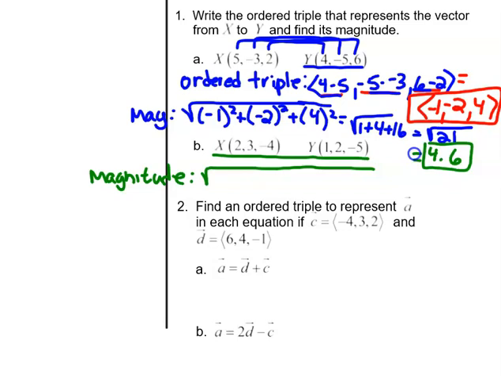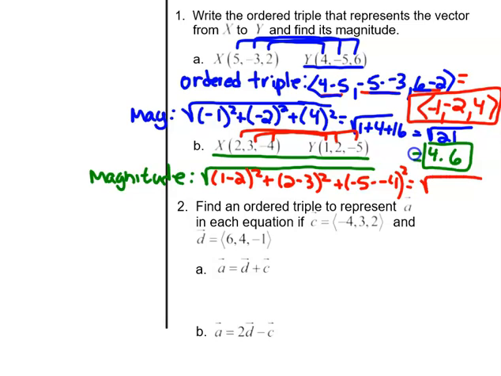But in this case, if I'm just finding the magnitude, I can do 1 minus 2 squared, 2 minus 3 squared, -5 minus -4 squared, and I end up with -1 squared, which is 1, -1 squared, which is 1, -1 squared, which is 1.